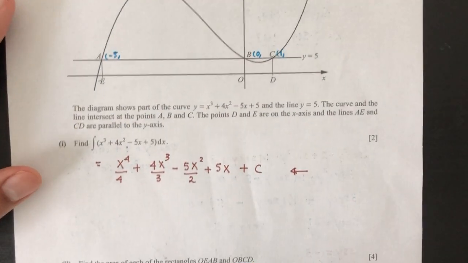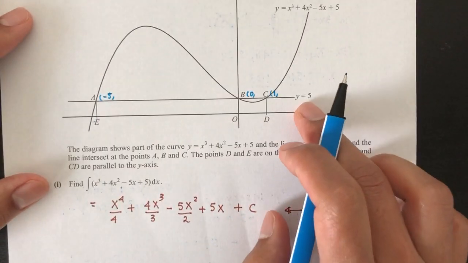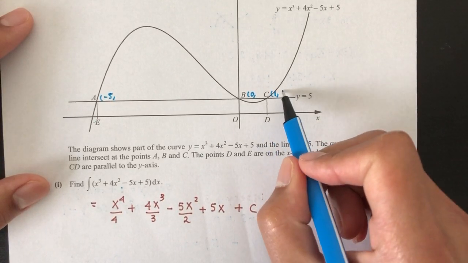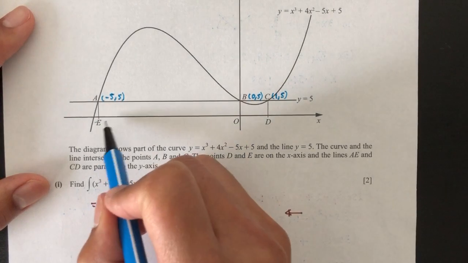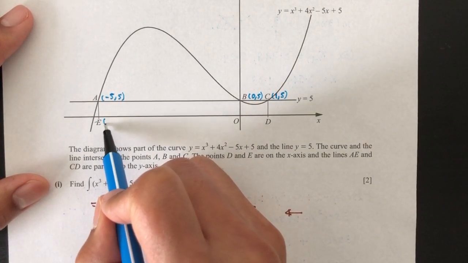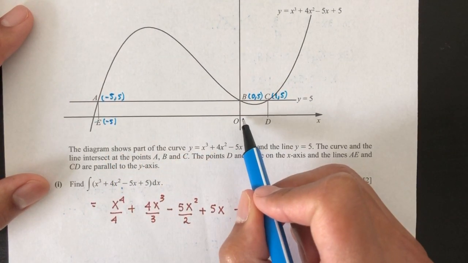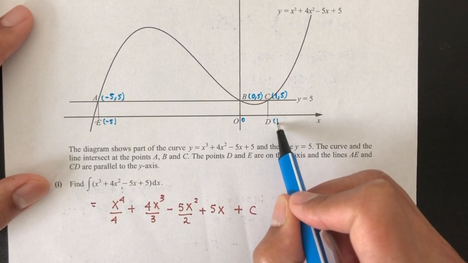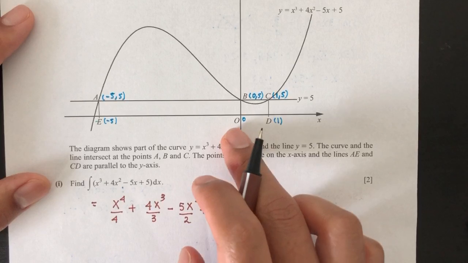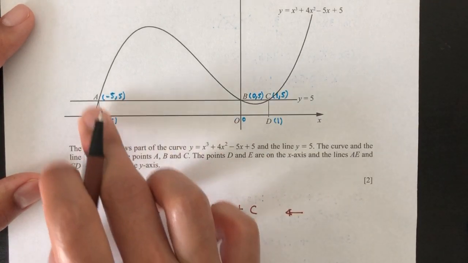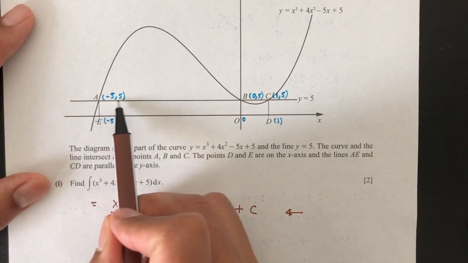So let's find the corresponding value of y. As we can see, it is 5. Okay, 5. This is your point minus 5, this is your point 0, and this is your point 1. So let's find the area. How would you find the area of the rectangle OEAB? If you observe, what is this length?